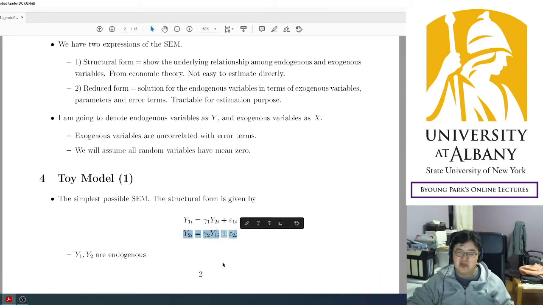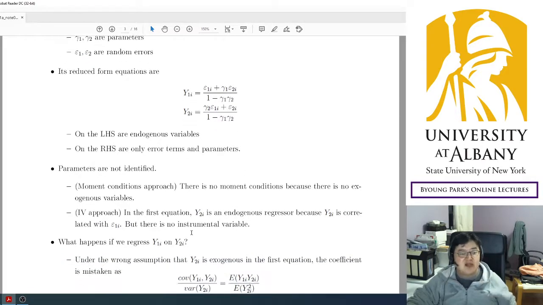If you ignore the second equation, yes, it looks like a regression, but the problem here is y2 is endogenous because it is correlated with epsilon 1. Epsilon 1 affects y1 and then it affects y2. So epsilon 1 affects y2, so it's endogenous. Let's see what you get if you ignore that.